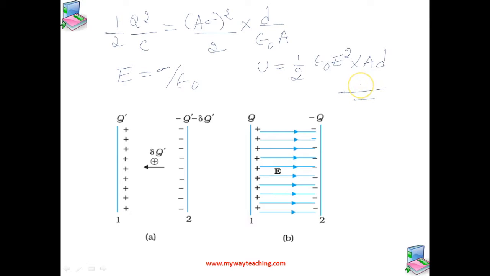So Ad is the volume of the region between the plates. So if we define energy density as energy stored per unit volume of space, this equation shows that the energy density of the electric field is given by 1/2 epsilon naught E squared.